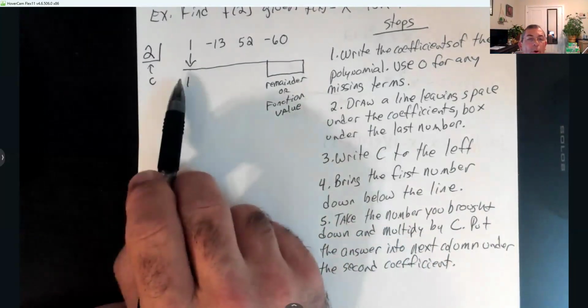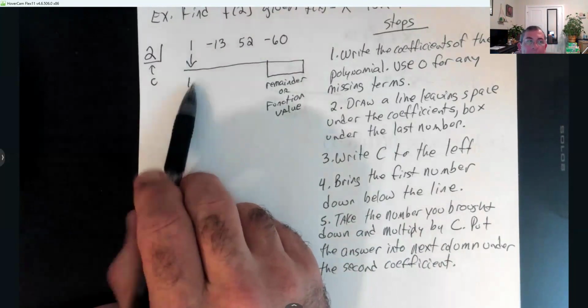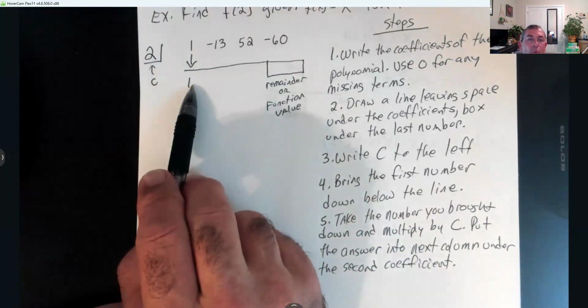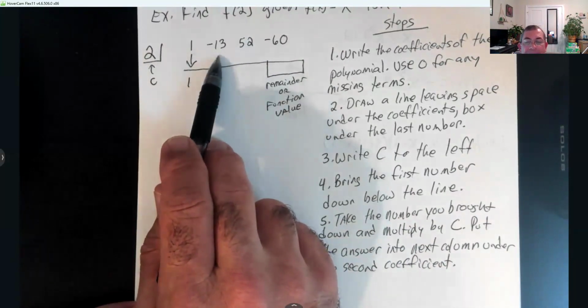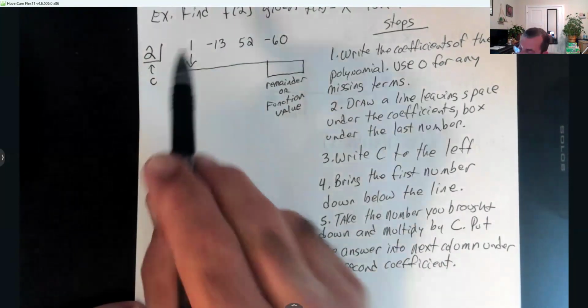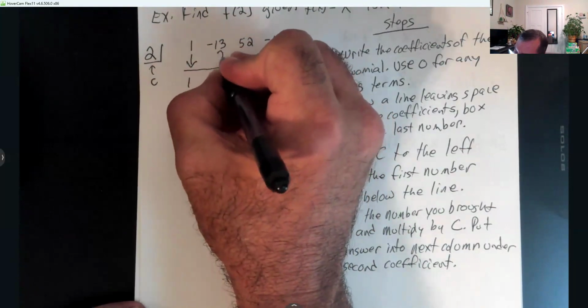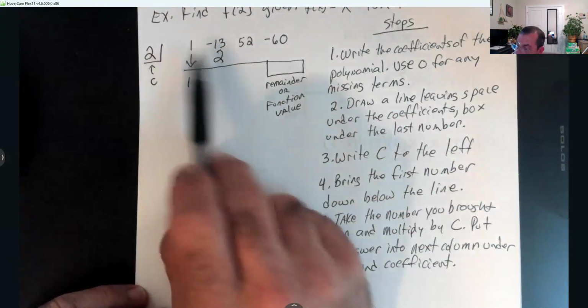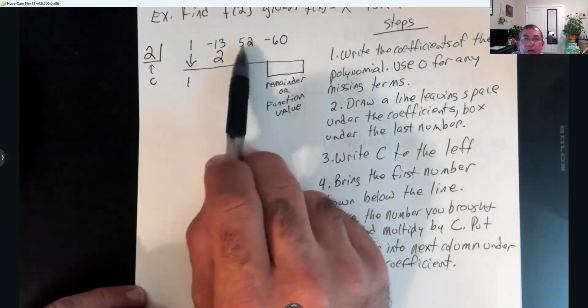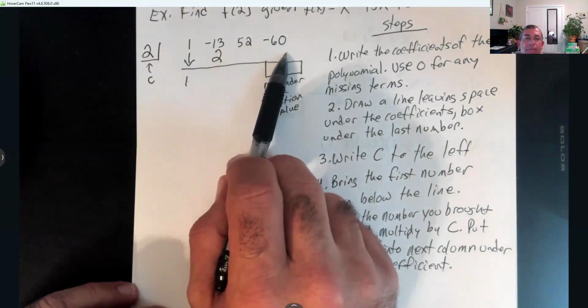So we're going to multiply this number we brought down times C. 1 times 2 is 2. We're going to put that into the next column under the second coefficient. That's why we had to leave space here, because when we multiply by C, we're going to put the numbers under these numbers in our spaces.